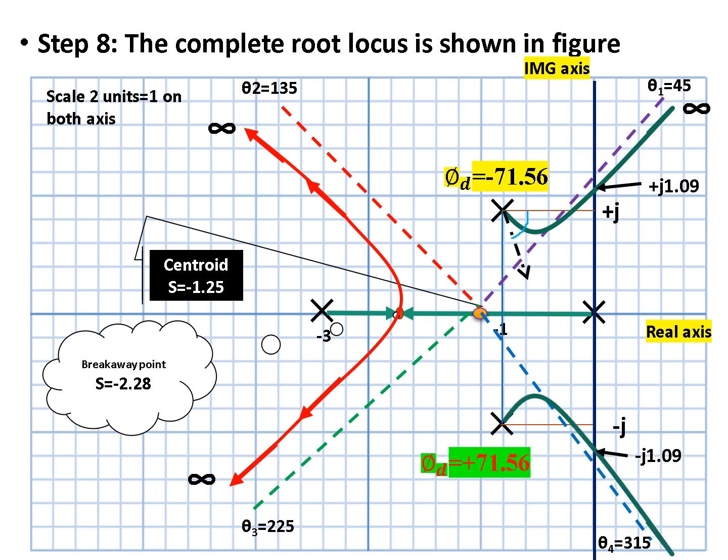Again, on the bottom side we need to do the same thing. We draw a line, create an angle of exactly 71.56 degrees. Then we create this curve and move along minus 1.09 j, and it will go towards infinity.